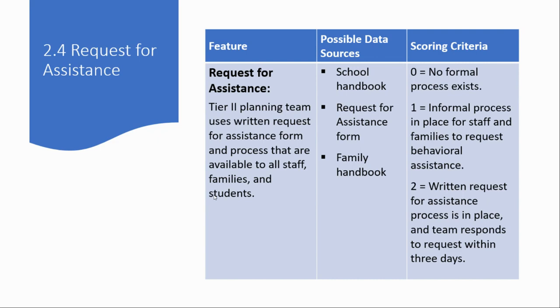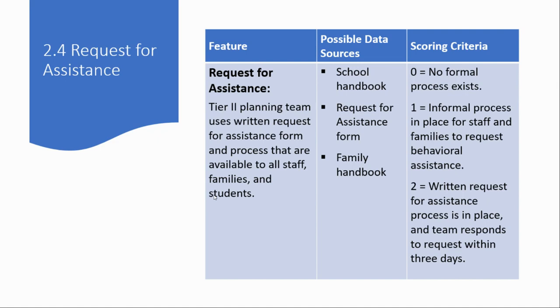So a team receives a 0 if there's no formal process that exists. That team receives a 1 if there's an informal process in place for staff and families to request behavioral assistance. They receive a 2 if there's a written request for assistance process in place and the team responds to requests within 3 days.